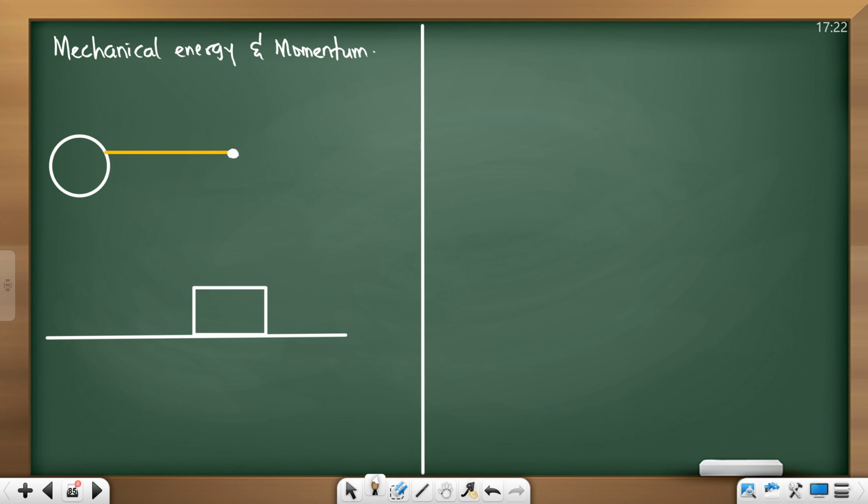This object is like a ball, could be anything. And this object is held stationary here. All right. Now, this one here will also be stationary. Now, what will happen is this object will then be released.